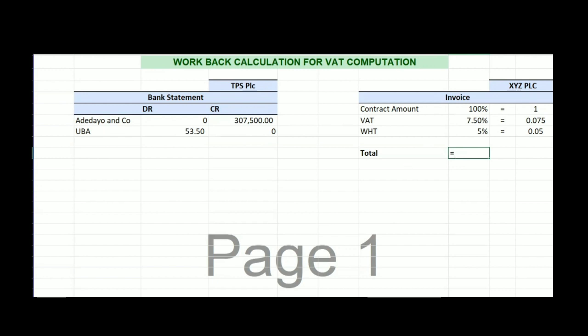It will be 100% plus 7.5%, which is the VAT, minus 5% that they are meant to withhold. So at the end of the day, I'll be getting 102.5%, which is equivalent to 1.025 in the real sense.